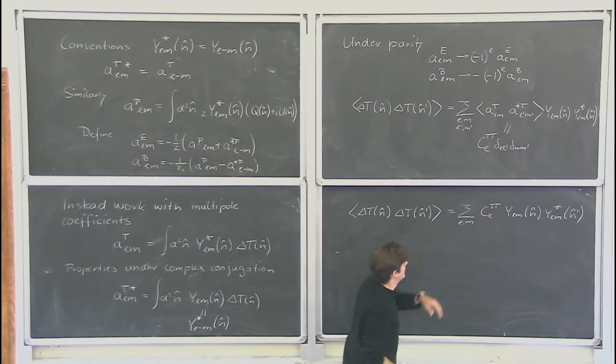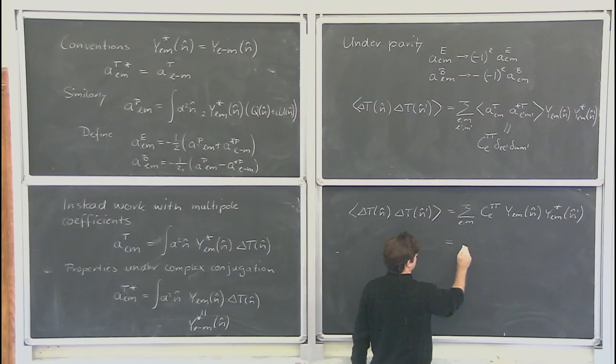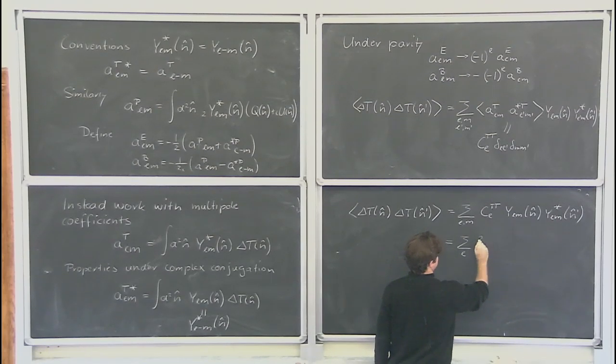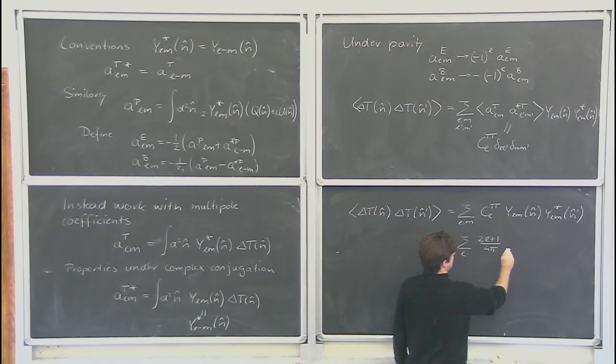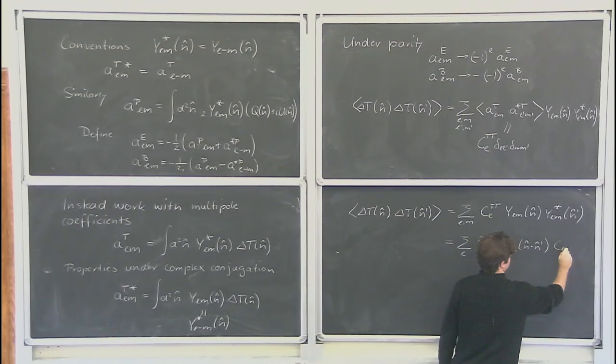And for everyone who likes spherical harmonics, you'll recognize that the sum over M is something you can still do and write this in terms of a Legendre polynomial. So there's a 2L plus 1 over 4 pi times P_L of n hat dot n hat prime times C_L^TT.